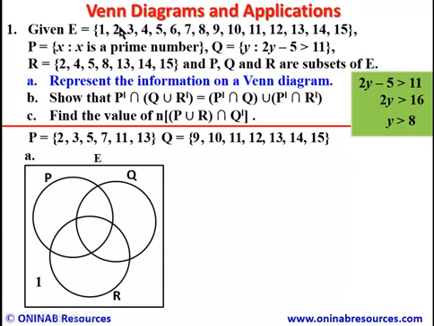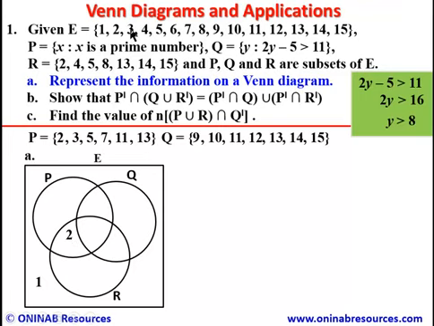We go for 2. 2 is in set R and also in set P. So we place it in the region of P intersection R intersection Q prime, which is in this region. So we have 2 there.